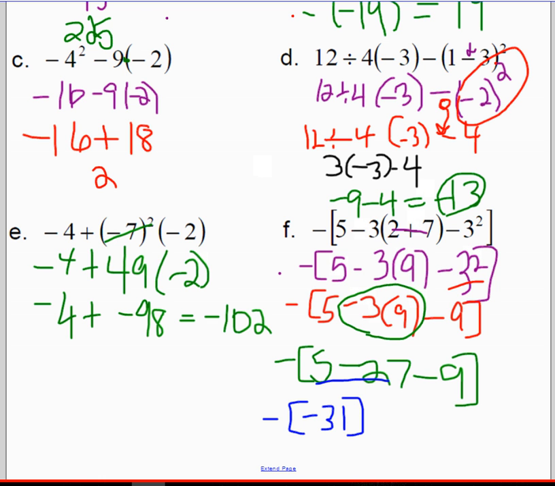And again, that's not absolute value, that's a parenthesis. So we have the negative of a negative. 2 negatives build a positive. And so we get a positive 31 as our final answer.